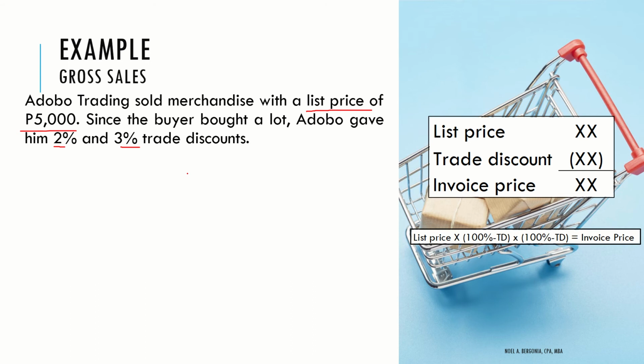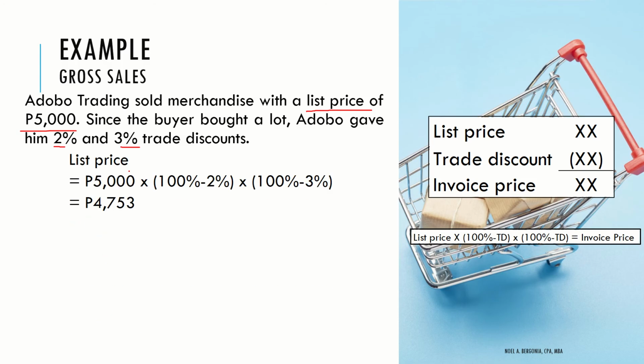Like I said earlier, we are not going to add these two. Kung baga, isipin mo, 5% dapat siya, hindi. It should be separate. Okay, how do we compute muna for the invoice price? So of course, our invoice price is equal to what?